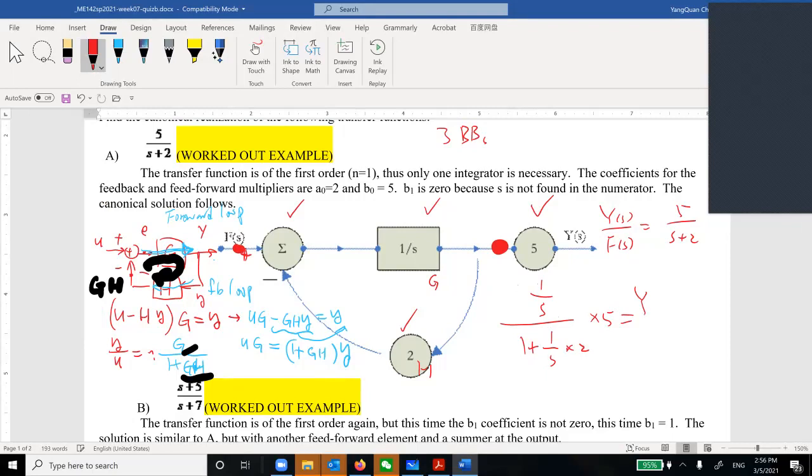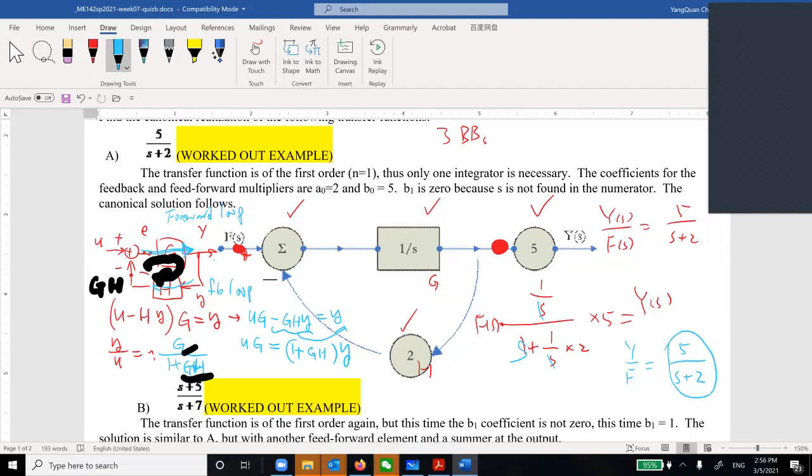That is my Y of S. This is F of S. Times this one, you will get this. So this S comes out, you write S in here. So Y divided by F will give me 5 divided by S plus 2, right? So the manipulation of this loop is clear. We got this.